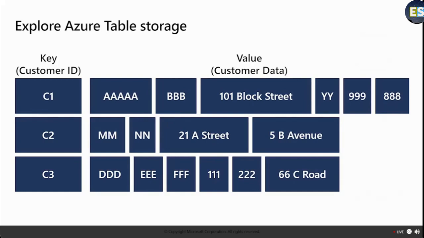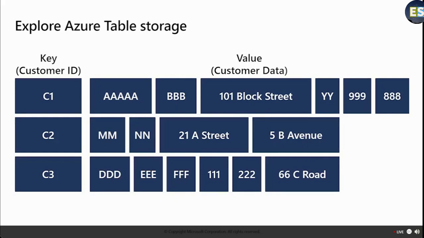So, for example, a table holding customer information might store the first name, last name, and one or more of their telephone numbers and addresses for that customer. And the number of fields in each row can be different depending on the number of telephone numbers or addresses that particular customer might have. Now, in a relational database, this information would be split across multiple rows and several tables.